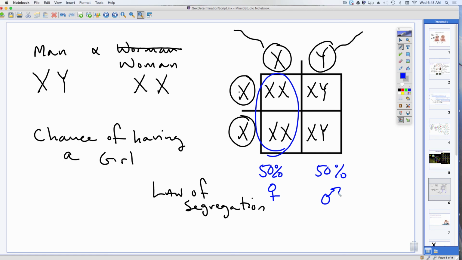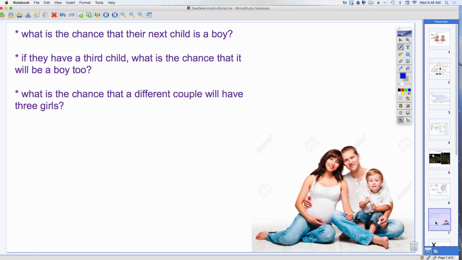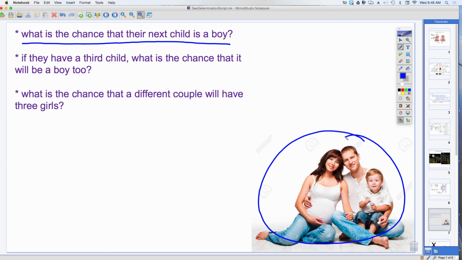So this leads us to just an interesting way that we can solve some genetic problems relating to sex inheritance. And we've already answered the first question if we were to be looking at this couple here who already have a son. And it looks like his mother is pregnant again, and we don't know what's the chance that their child is a boy.